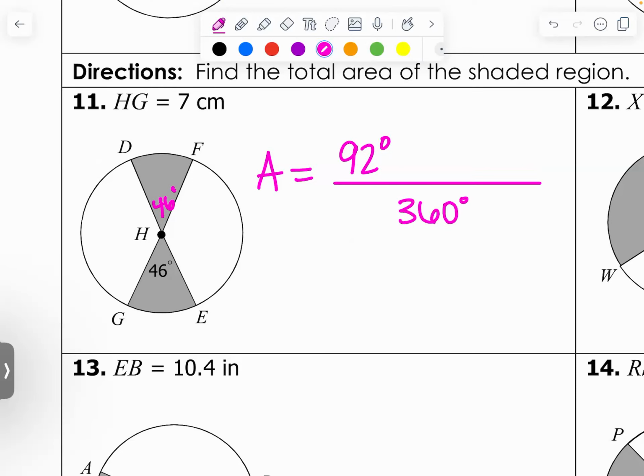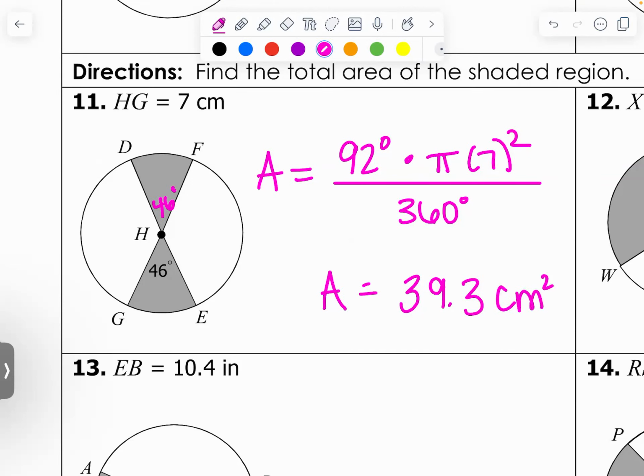Is 7 giving us our radius? Okay. 39.3 is what Braden said. I'm hearing a yes and a no. I got 39.3.